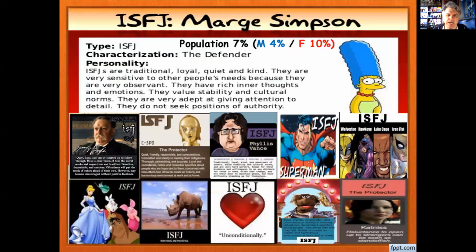Then if you go to the ISFJs, again, a little bit more female than male here, but still 7% of the population. So a good proportion of the population, but a definite discrimination between men and women. These are loyal, quiet, kind, very sensitive to other people's needs, very much the protector of others. Do not seek positions of authority, more of a follower there.